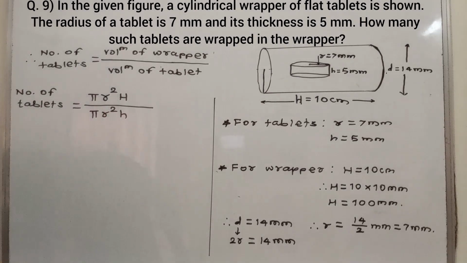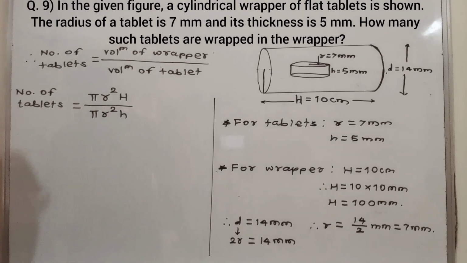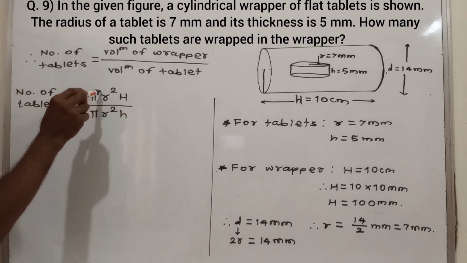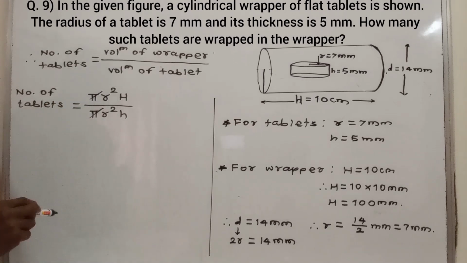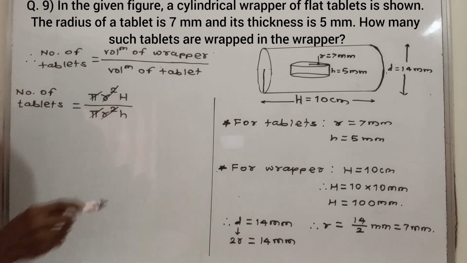This is also a cylinder, so we have written here capital H, small h. Okay, here pi cancelled. Then r square cancelled.